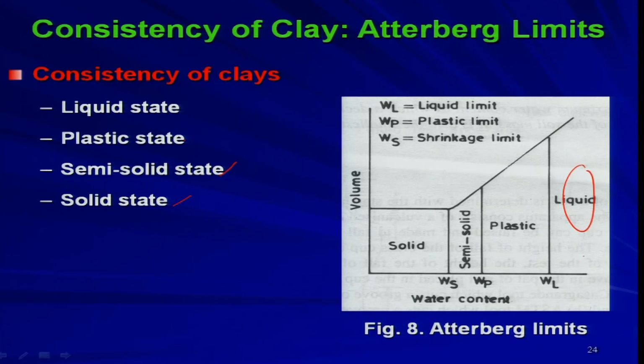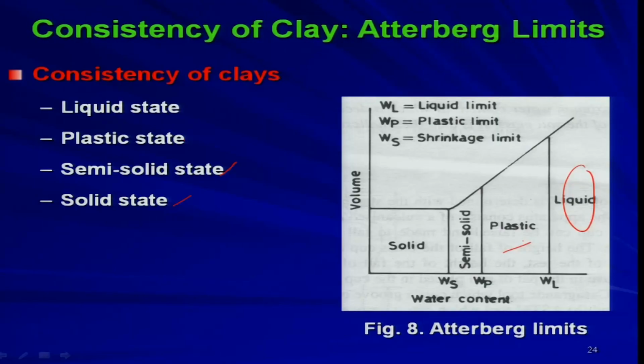Then you reduce the water content from the sample, and slowly from the liquid state the soil sample will enter the plastic state. In the liquid state you do not have the option to deform it, rather it will flow, it will lose its strength. It will be a complete fluid kind of thing.